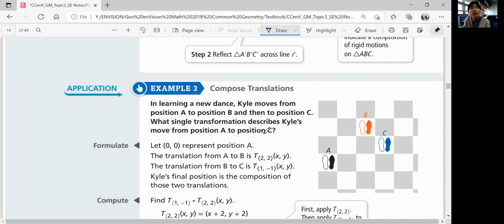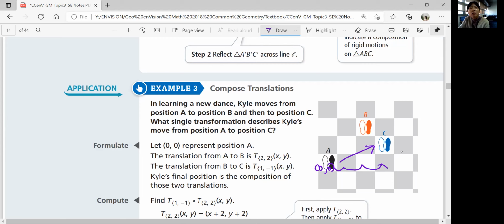Compose translations. In learning a new dance, Kyle moves from position A to position B and then to position C. What single transformation describes Kyle's move from position A to C? Okay, we're just looking at A to C. If we represent 0, 0 as position A, how much did we move? We went 1, 2, 3 units to the right.